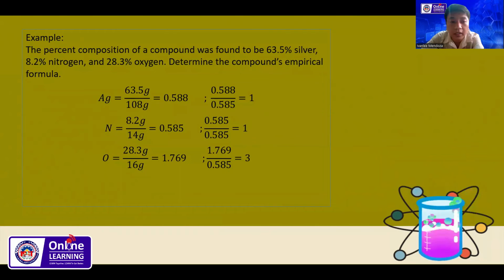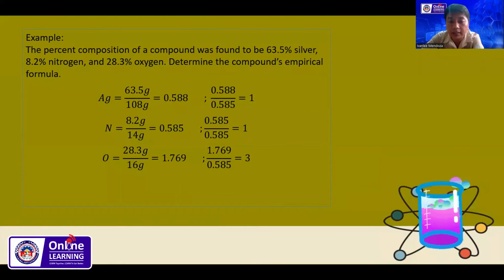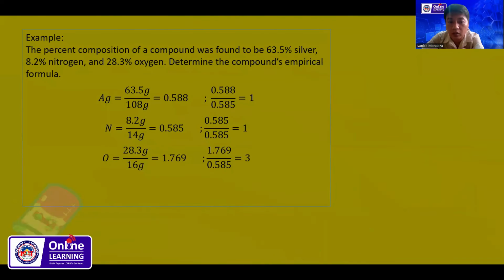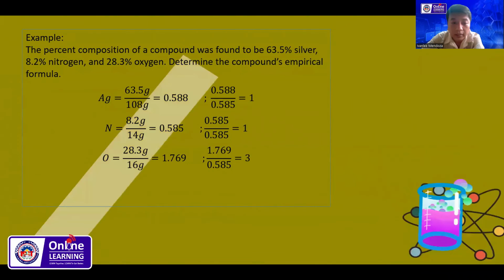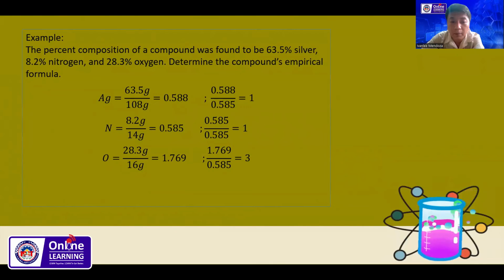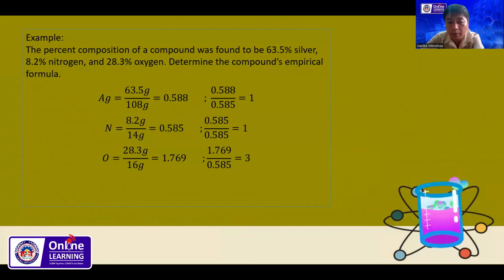In silver, we have 0.588 divided by 0.585. So the answer is 1. For the nitrogen, obviously that is the smallest one, so if you divide the number, the answer is 1. And then for the oxygen, we have 1.769 divided by the smallest one, that is 0.585.